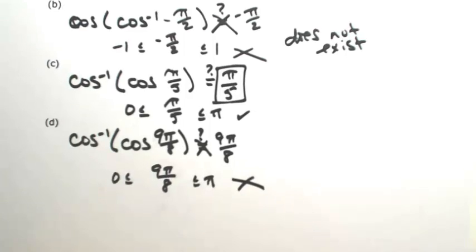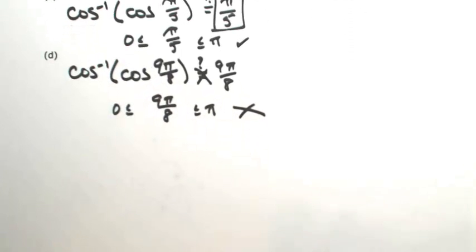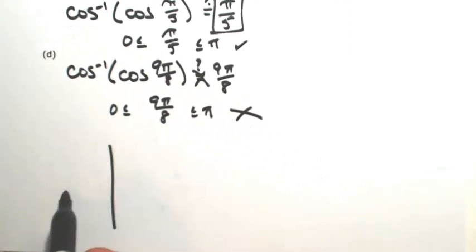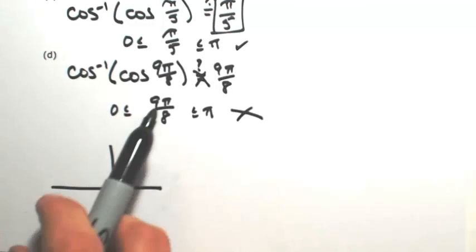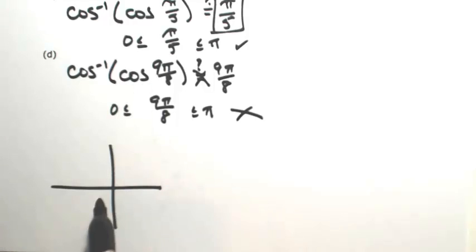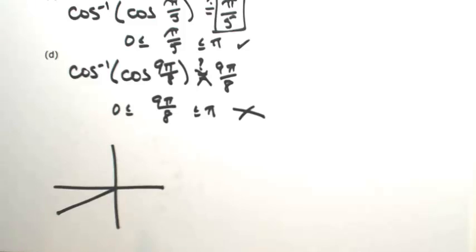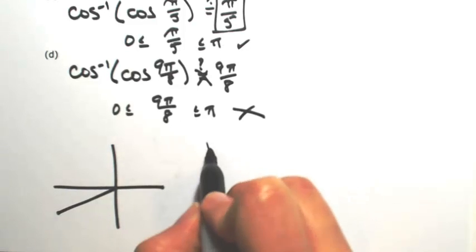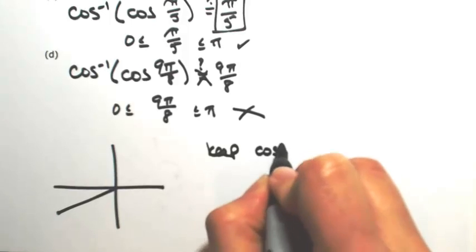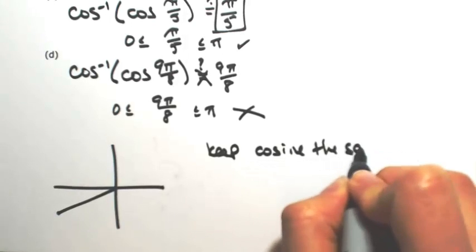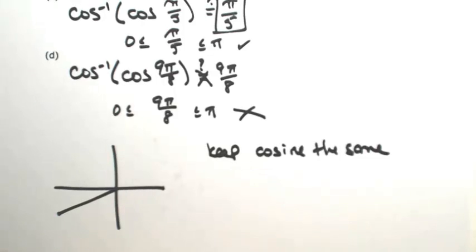So what we're going to do is a little clever maneuver and move the angle into the proper quadrant. So let me start by drawing where the angle is. Again, 8 goes into 9 a little more than once, so it's in the third quadrant somewhere. So what I'm going to do is move this angle, but I'm going to keep the cosine the same.